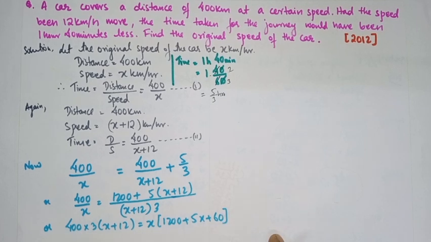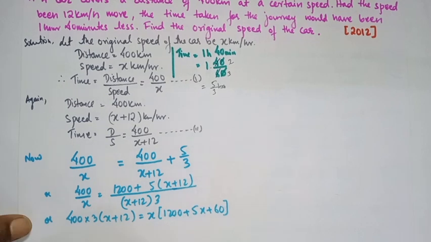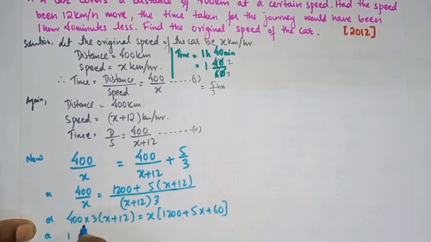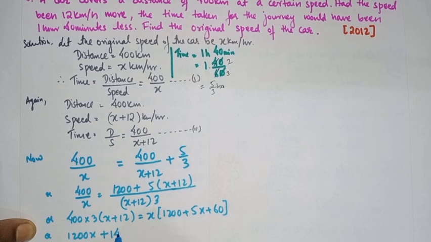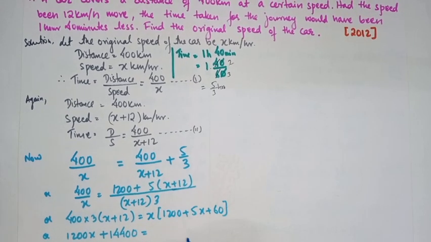Now I have to form the quadratic equation. Now 400 into 3 is 1200. 1200 into x will be 1200x plus 400 into 12: 4 3s are 12, 1200 into 12, 12 12s are 144, 14400 equals, now you can see 1260x, so 1260x plus x into x, this will be 5x square.